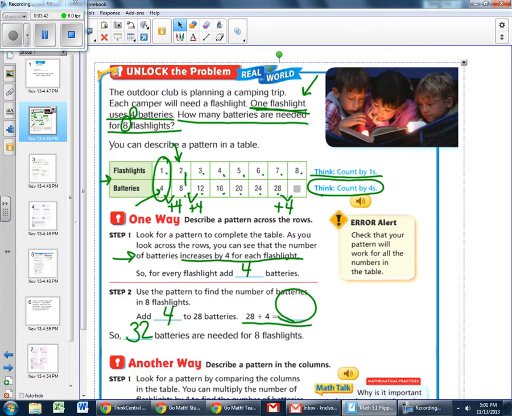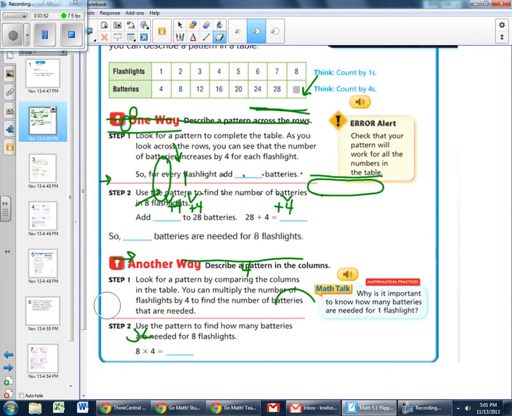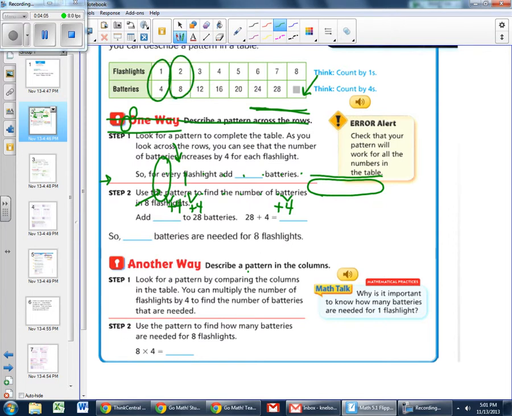Scrolling down on your page a little bit, you will see another way to describe the pattern in the columns. Another way to look for it is using those patterns again and knowing that you can multiply to find those out. So 1 times 4 is 4, 2 times 4 is 8, 3 times 4 is 12, 4 times 4 is 16.